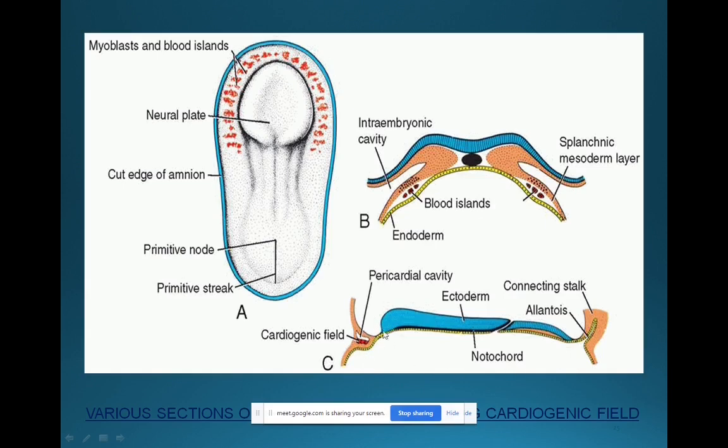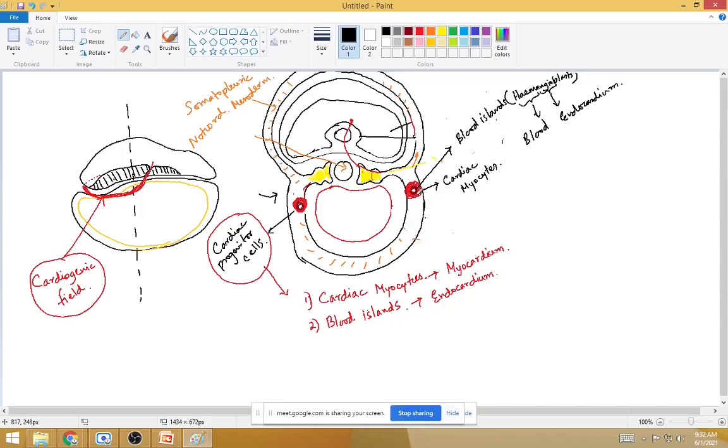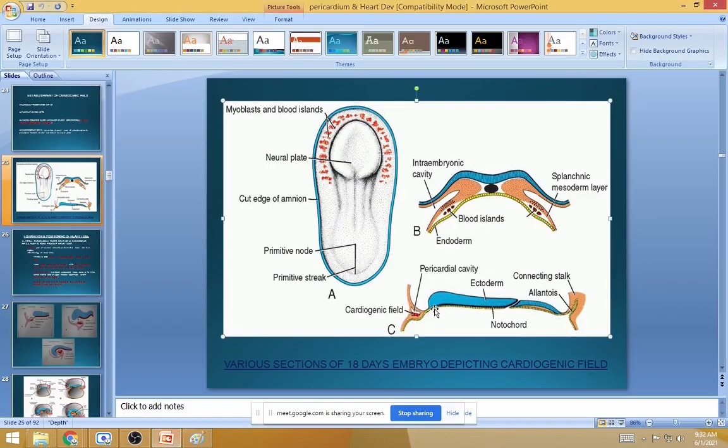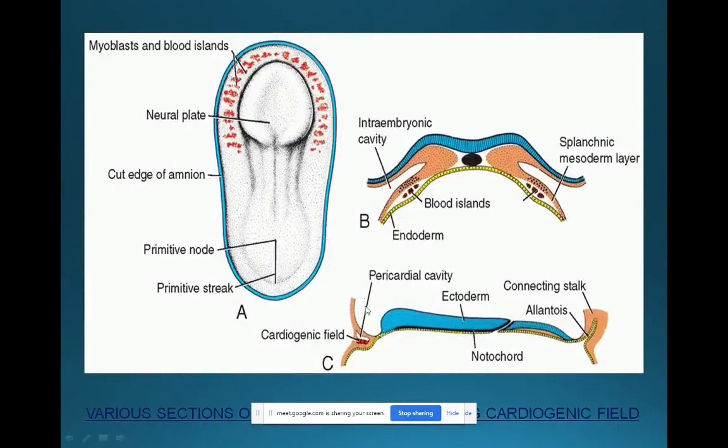So you cannot see either side. This is the cardiogenic field, where you can see a tubular structure, which is the heart tube. On either side one tube, on the other side one more tube. This is the heart tube. It lies in an area just in front of the developing neuroectoderm.